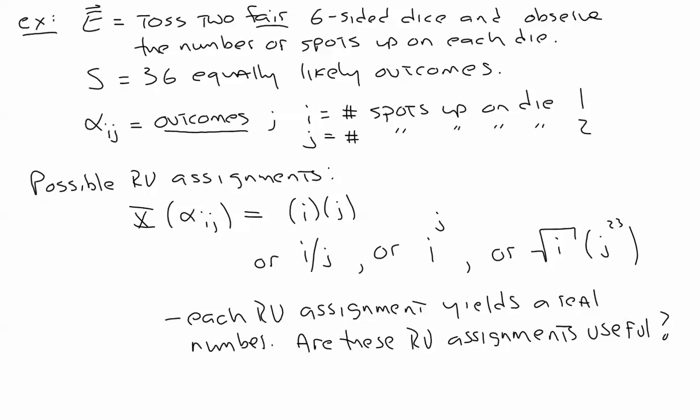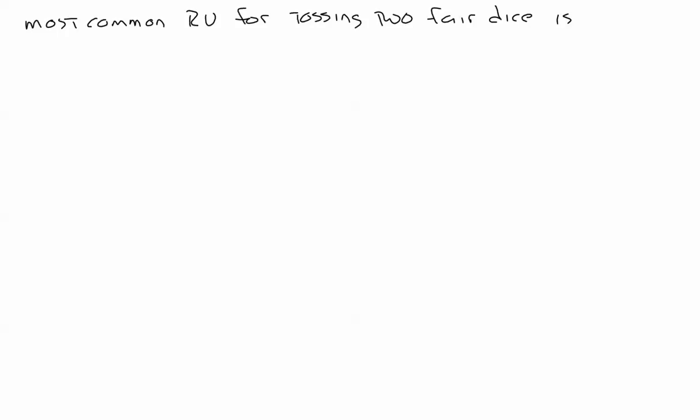All right. Well, we've all played board games before. We're still considering my toss 2 dice and observe the spots up experiment. The most common random variable for tossing 2 fair dice and observing the number of spots up is to simply add the spots.